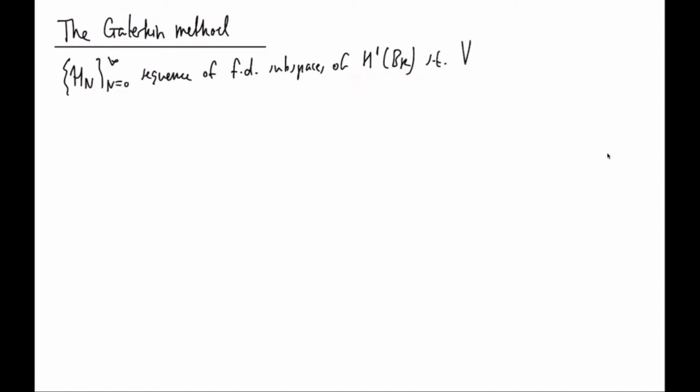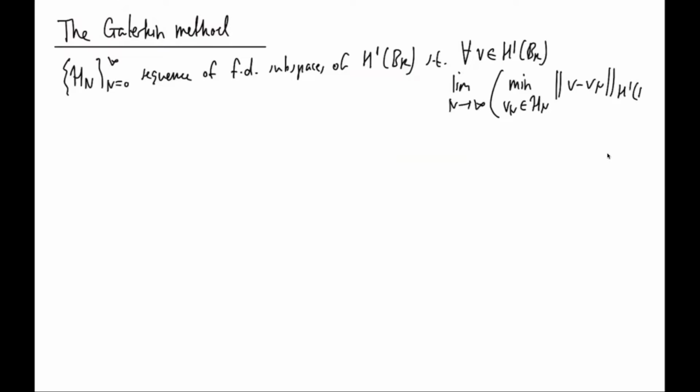Let's write that down more precisely: such that for all v in H1(B_R), the limit as n tends to infinity of the smallest error one can hope to incur in approximating v by an element of the subspace H_n is 0.